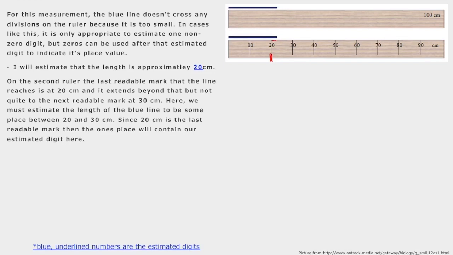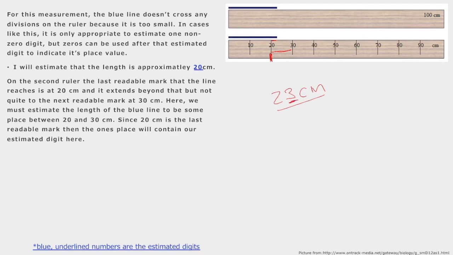So I know that the length of this blue line is going to be between 20 centimeters and 30 centimeters, somewhere in there. And if I were to envision 10 more divisions in between there, then I could probably estimate that that might be 3 centimeters. So 23 centimeters would be my measurement here. That's what I would say.